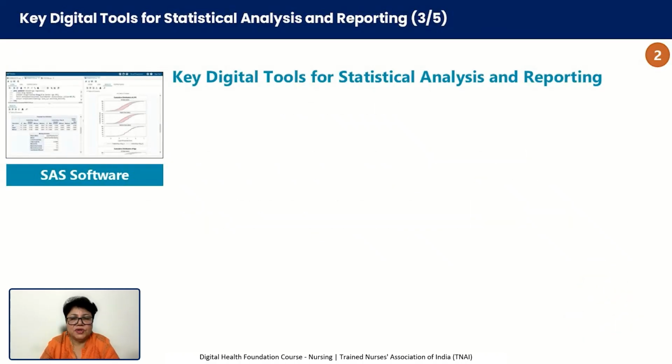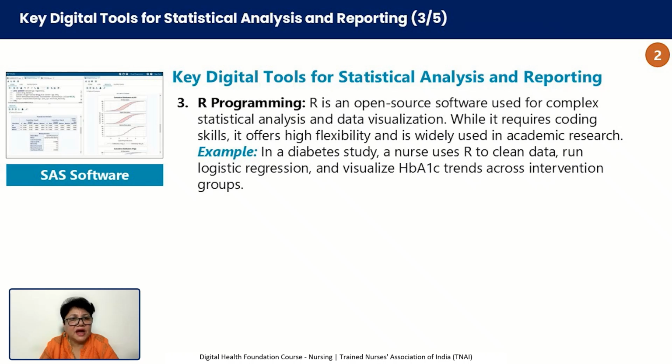Let's now explore two powerful tools which are used for advanced data analysis in healthcare. The first one is R programming and the second one is SAS, that is Statistical Analysis System. R is an open source software that's highly regarded in academic and clinical research. Although it requires coding skills, it offers unmatched flexibility for complex statistical analysis and visualization.